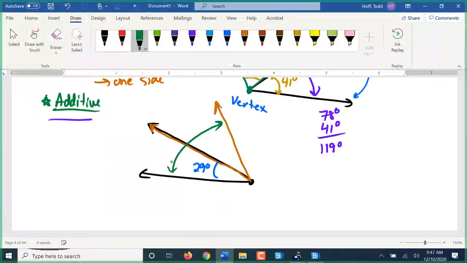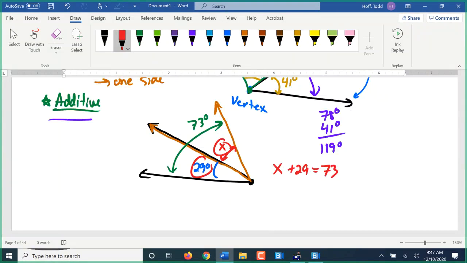If I know that that bigger angle is 73 degrees, then I can find this smaller angle, because I know if I called that angle x, these two angles, x plus 29, has to add up to the 73. To solve that equation, I have to subtract the 29. X equals 44 degrees.